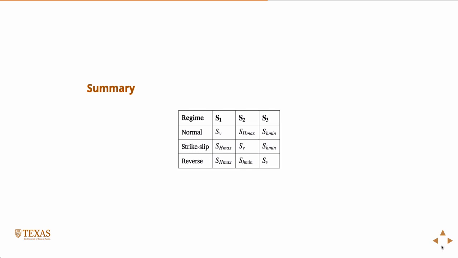And while the far-field geologic regime may be normal faulting, you may learn that the fault is actually strike-slip or something like that. So they don't necessarily agree with the overall regime in all cases.